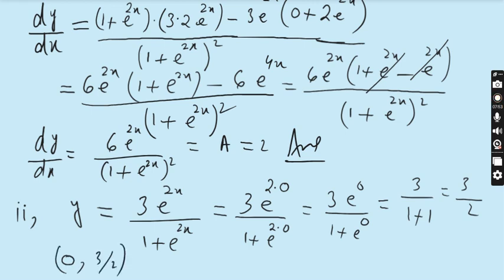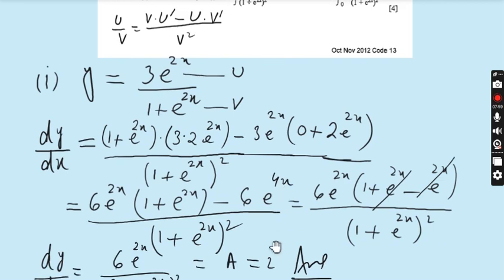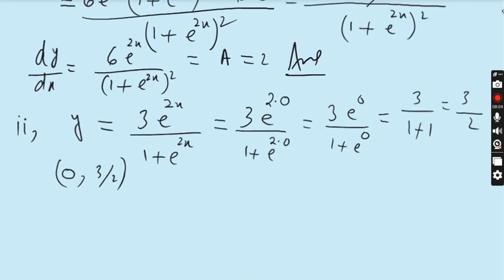Okay. Now, what was the question? You can see again, equation of tangent. So for equation of tangent we need a coordinate, that is 0 and 3 upon 2 we have found, and we need the gradient of tangent.